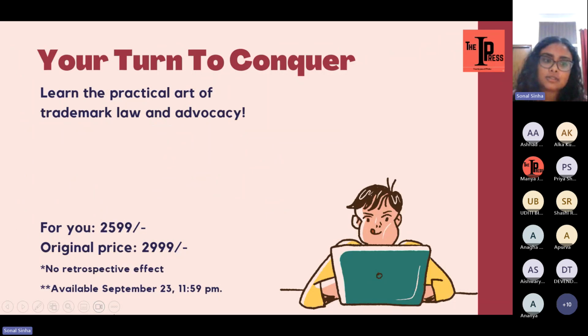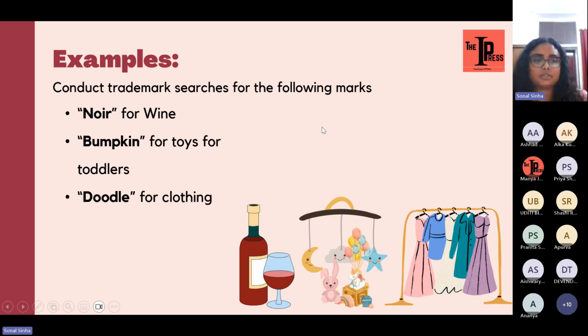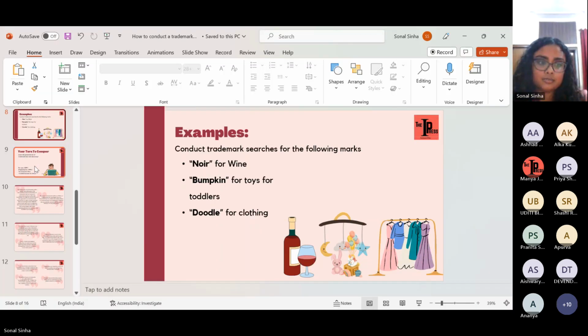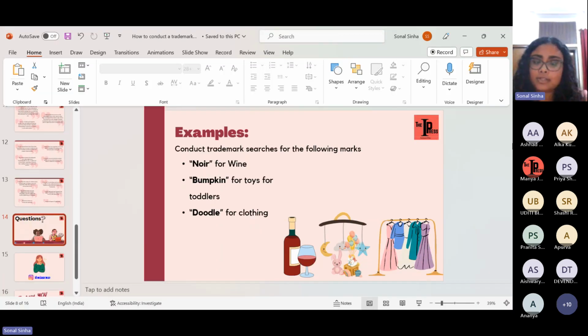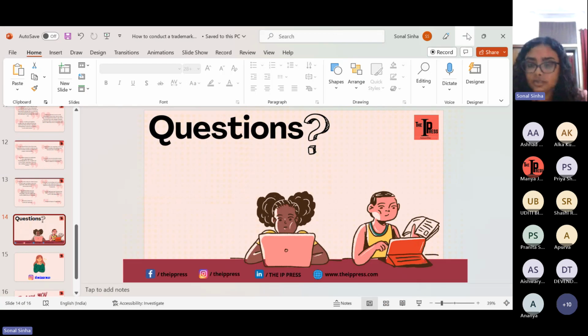This course is majorly based on the practical aspects, but when you're covering practical aspects, you're also covering the basic theory, things that are important in the Trademarks Act. And of course, this course will help you after the exam, when you clear the exam and go into practice.